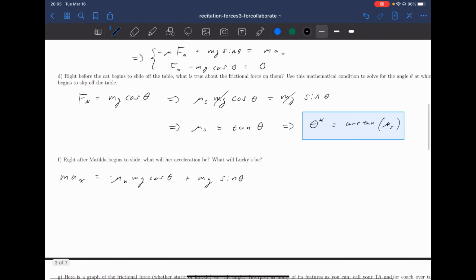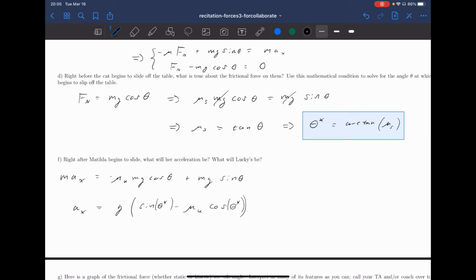Okay, so we have m's across the board, so we can cancel those out, and we can pull out a g, and then we're left with a x is equal to g sine theta minus mu k cos theta. And this is the theta right at the point where it began to tip. So that's theta star. Put that in parentheses.